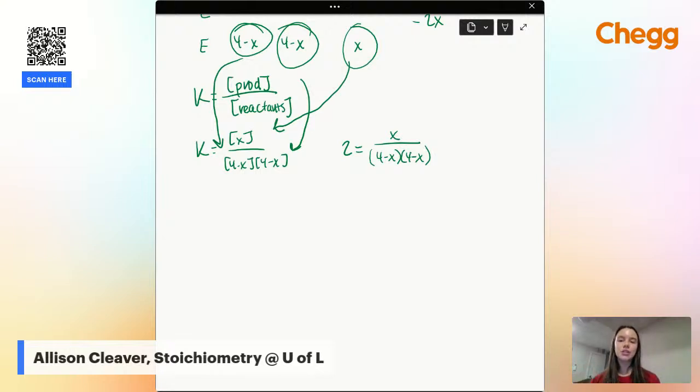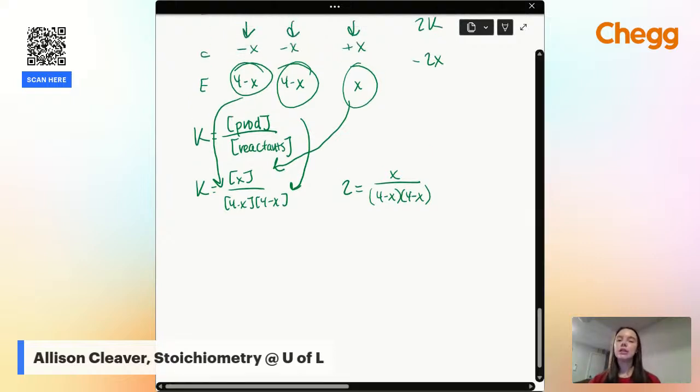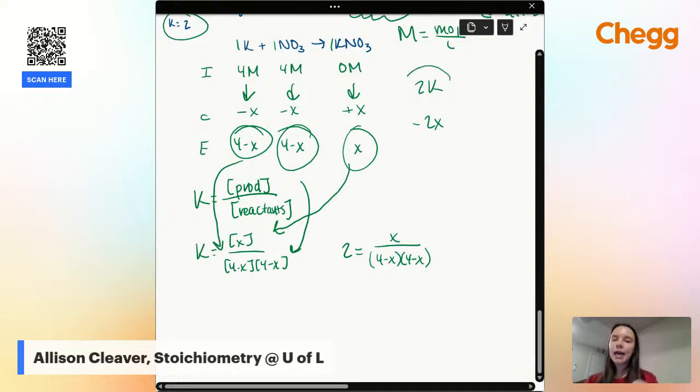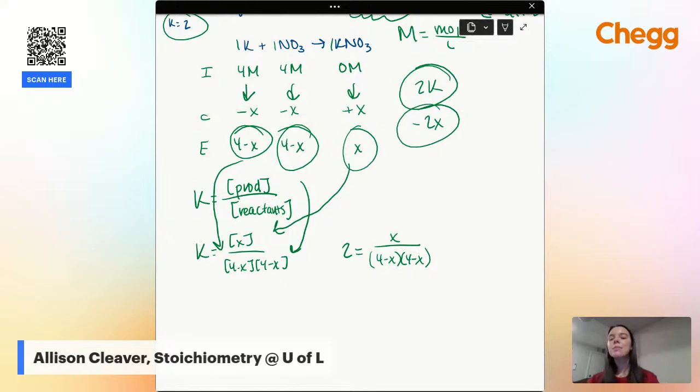What we want to do is solve for x. There's one thing I want to point out before we go ahead and solve. Just like we had 2K over here and that made a change of minus 2x, when we do equilibrium constants, if we have a coefficient of 2, that minus 2x is going to be squared. If we have a coefficient of 3, that minus 3x is going to be cubed.